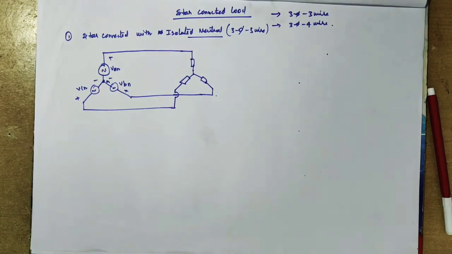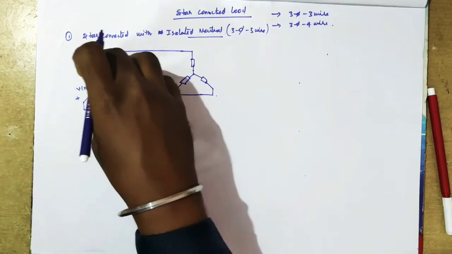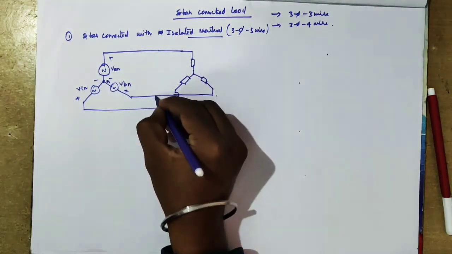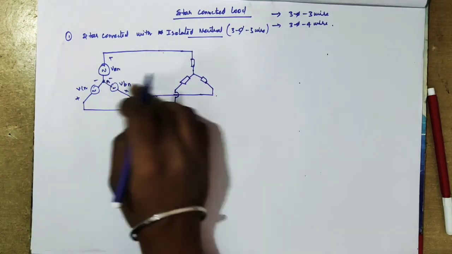So the neutral is isolated, that's why it is called a star connected three phase, three wire system. There is no neutral connection from the source to the load.